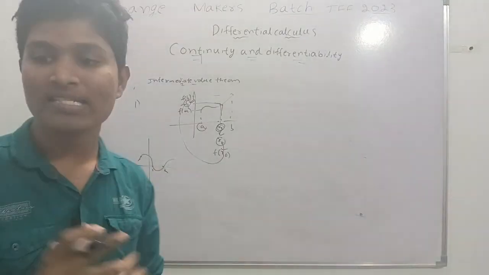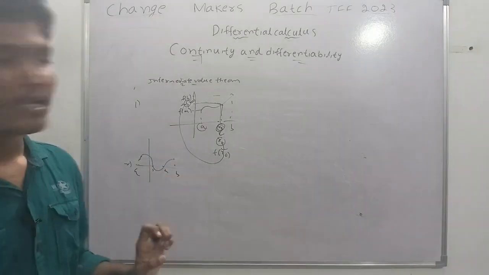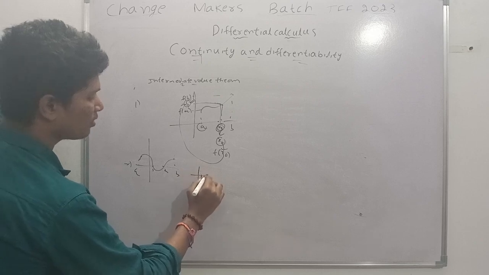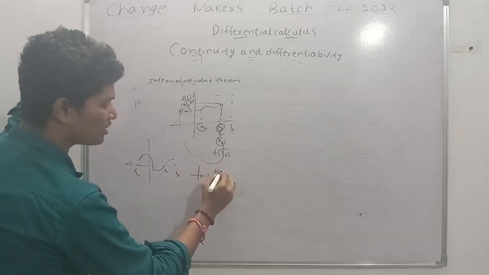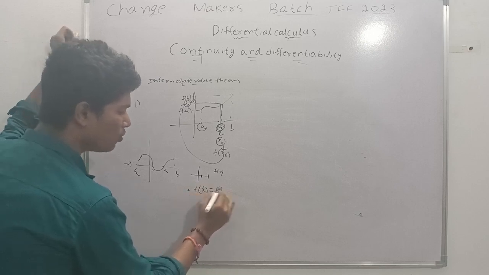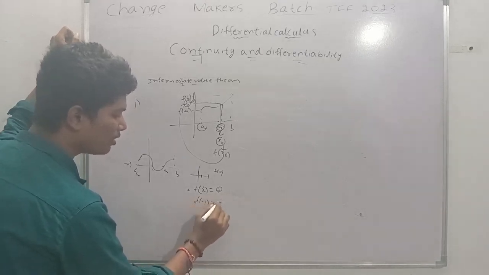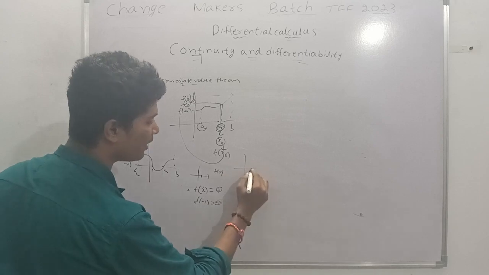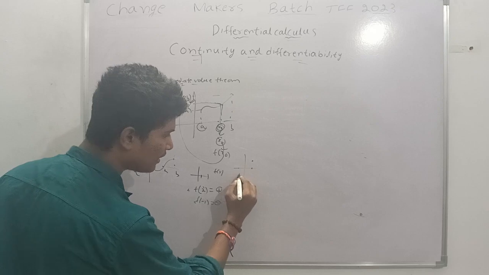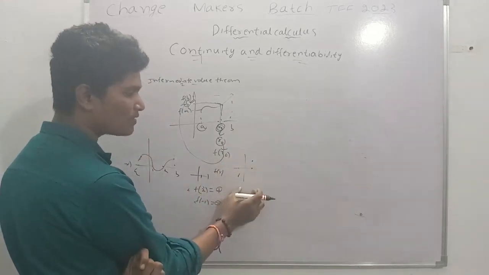If f of x is continuous, and you take these points as a and b, suppose f of 2 is positive and f of 1 is negative. Suppose f of minus 1 is negative. So the upper function value is positive, and the lower one is negative.